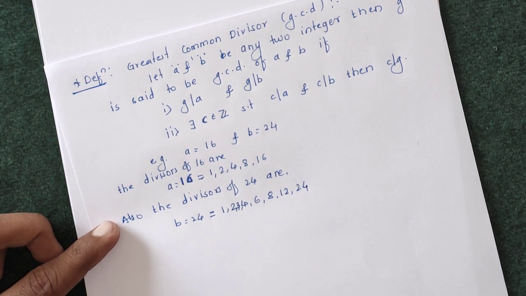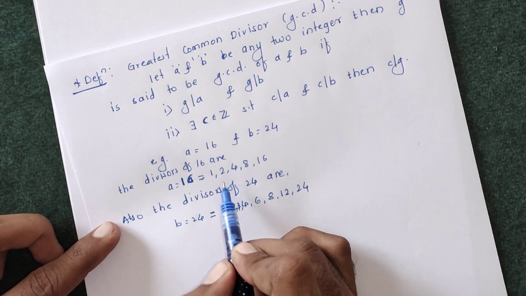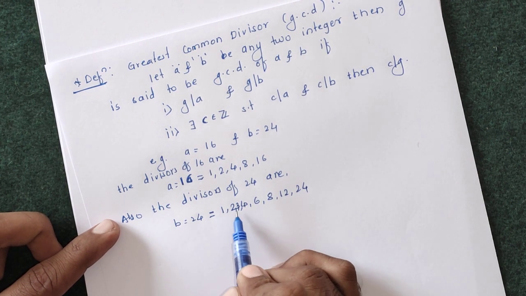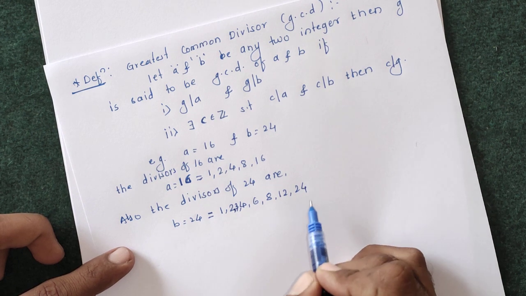The divisors of A are 1, 2, 4, 8 and 16, and the divisors of 24 are 1, 2, 3, 4, 6, 8, 12 and 24.